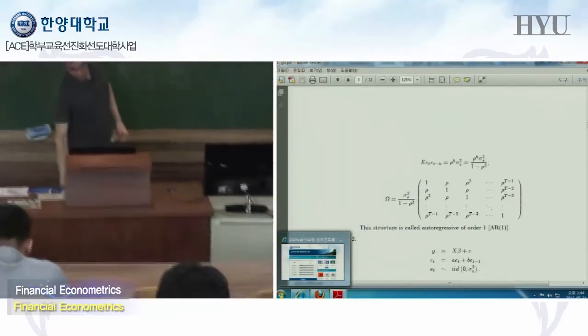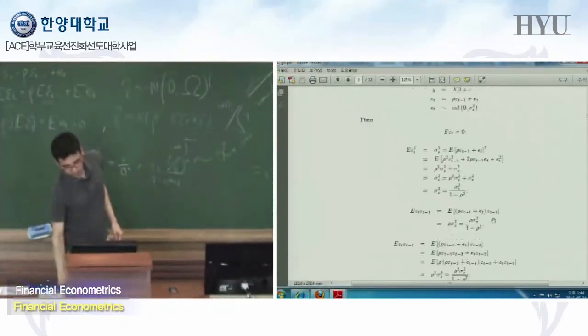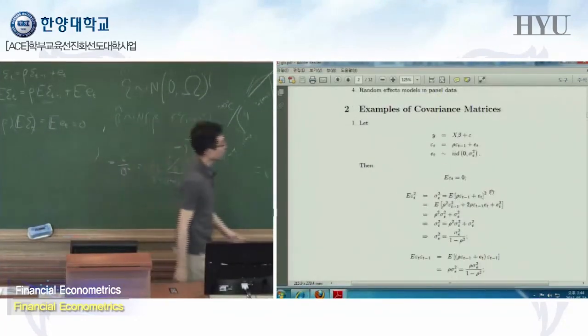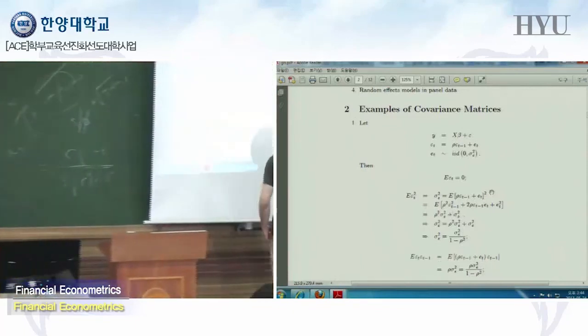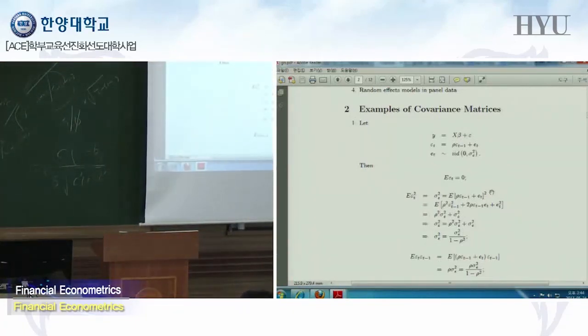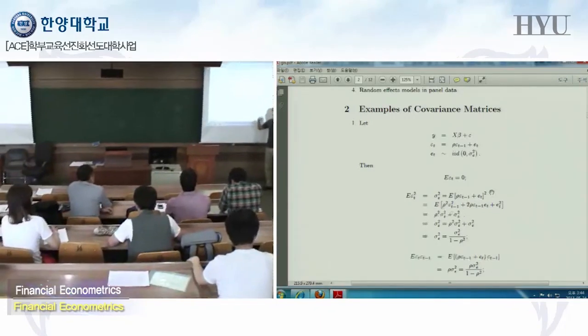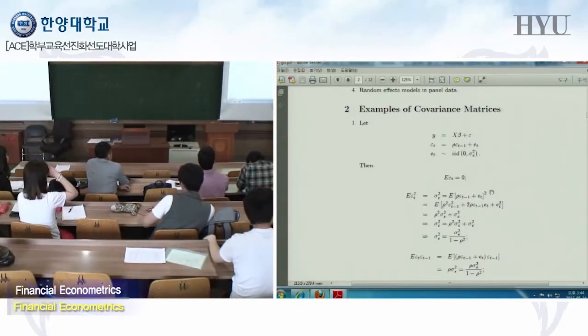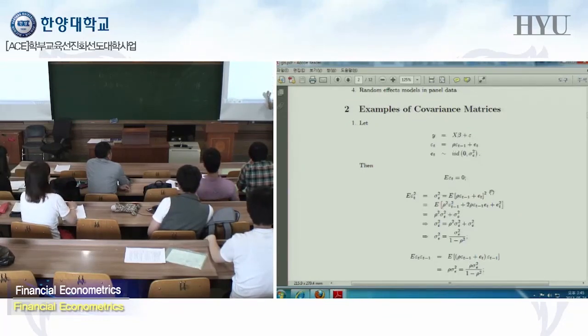The AR1 model has its name because, clearly, epsilon has correlation with itself, but from 1 day ago, 1 period ago. So that's why we call it an autoregressive model. And it is an autoregressive model of degree 1 because it has an autocorrelation relation with just 1 day ago, not 2 or 3 days ago.